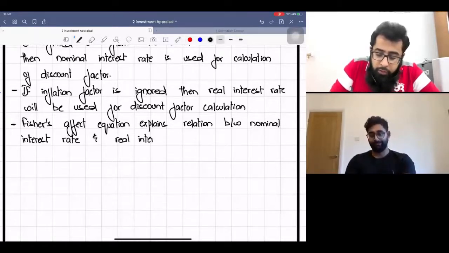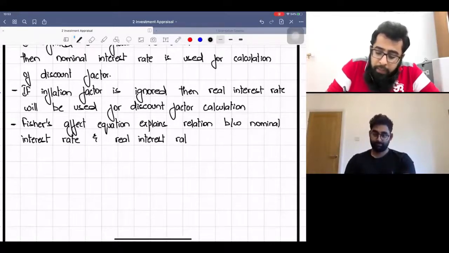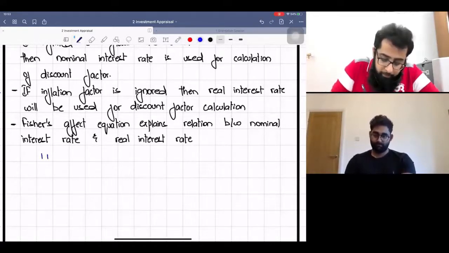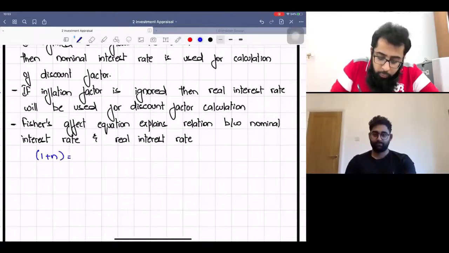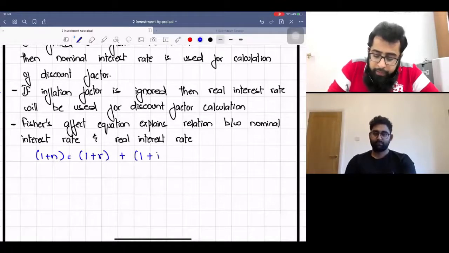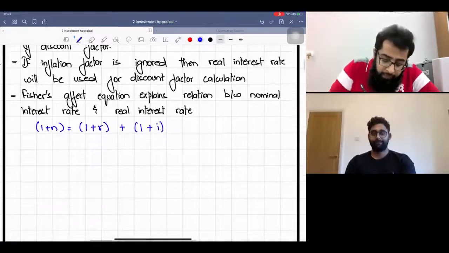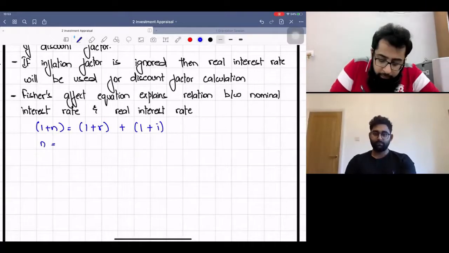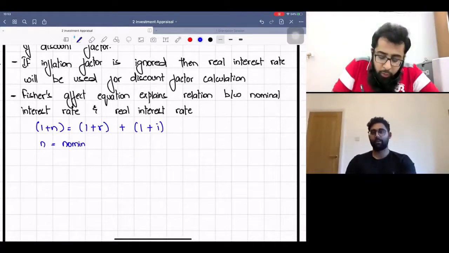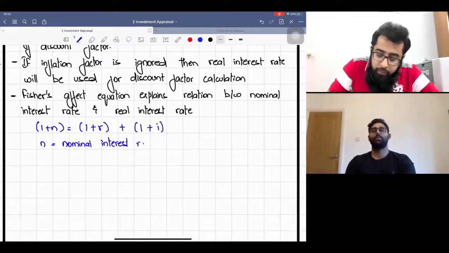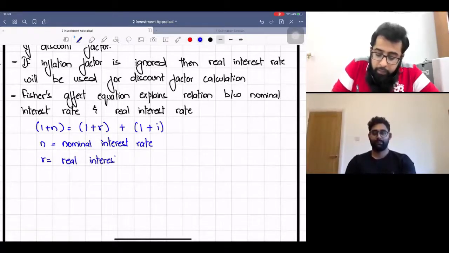The equation is 1 plus n is equal to (1 plus r) times (1 plus i). Here n is the nominal interest rate, which includes the impact of inflation, r is the real interest rate, which does not include the impact of inflation, and i is the inflation rate.